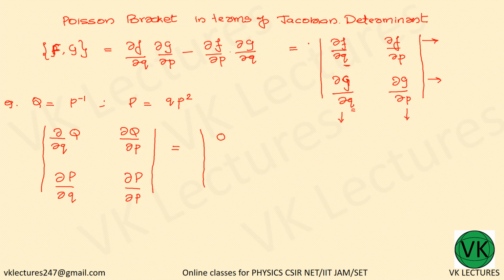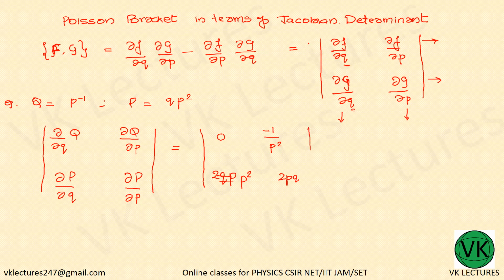Dou capital P by dou q is 2qp, and dou capital P by dou p is 2pq.